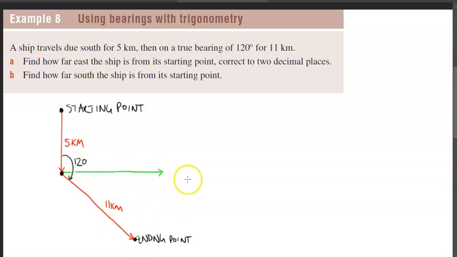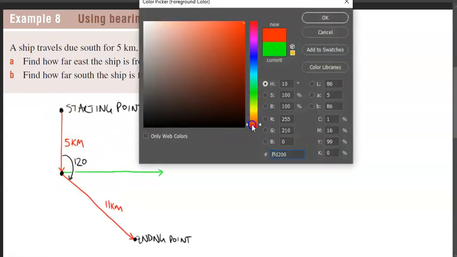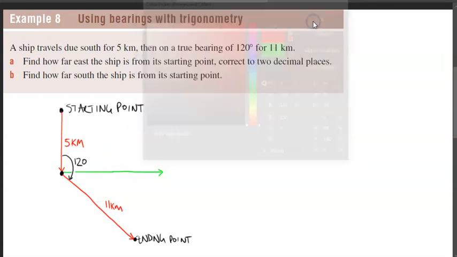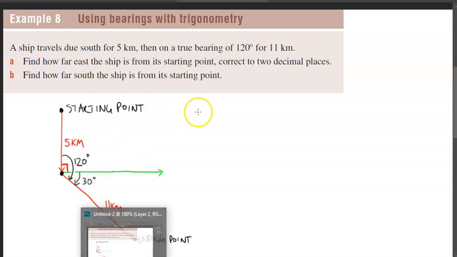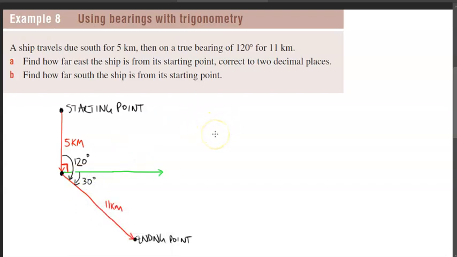This here is our east point, and we know that if it's traveling south and there's an east point here, this angle here has to be 90 degrees, meaning that this middle angle is a difference of 120 degrees and 90 degrees. So this angle here is 30 degrees. That I do know for a fact. Okay, this is as much information as we can fill in, and this is all we need.